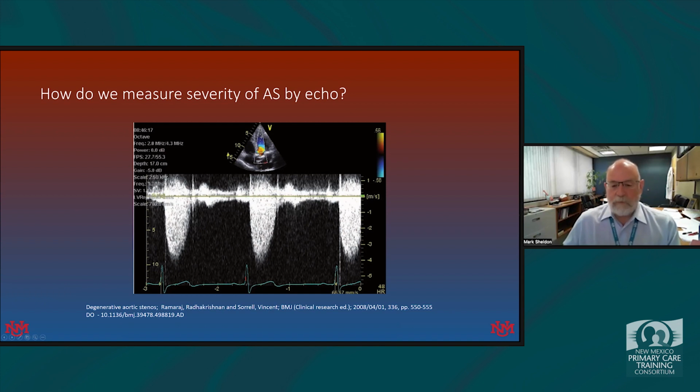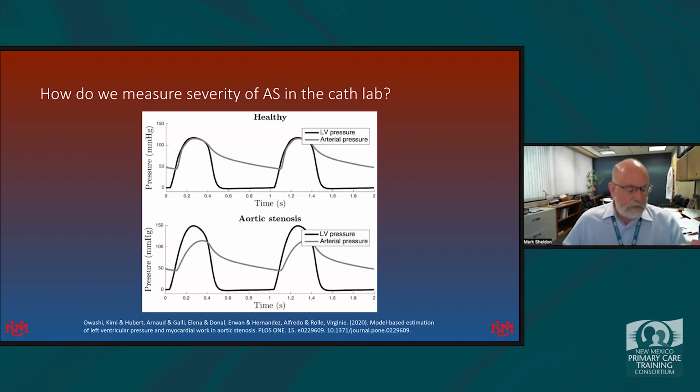It's not the only thing, but it's probably the main thing. And the bottom line is echocardiogram has become the gold standard in evaluating valvular heart disease, particularly AS, MR, and even MS.